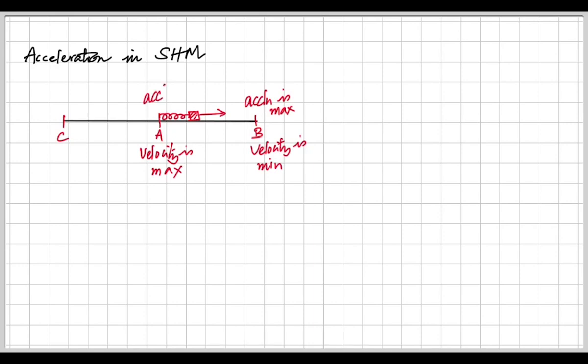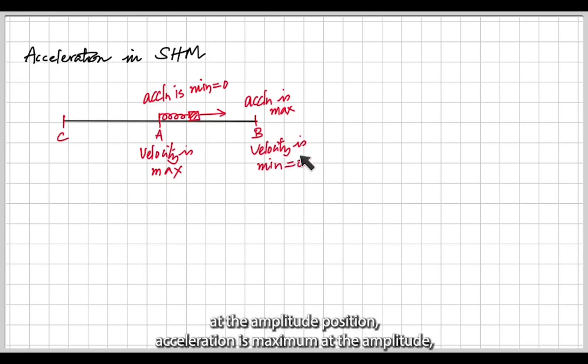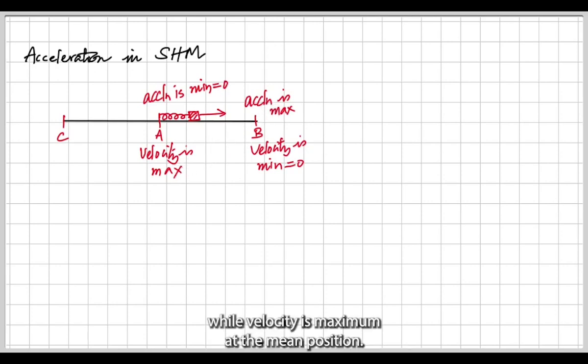Velocity is maximum, but acceleration is now minimum and it is zero. So see how the relation is. Acceleration is minimum at the mean position, while velocity is minimum at the amplitude position. Acceleration is maximum at the amplitude, while velocity is maximum at the mean position.